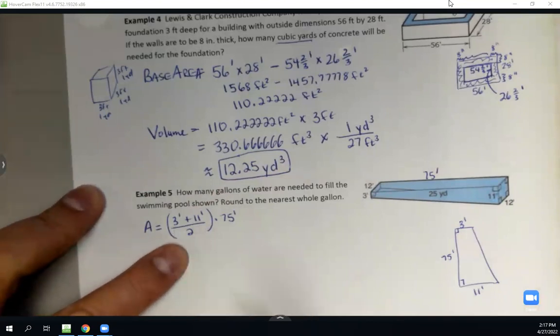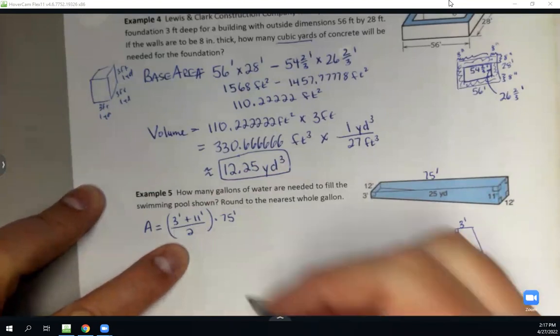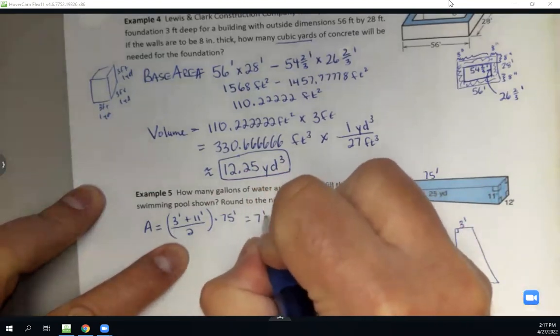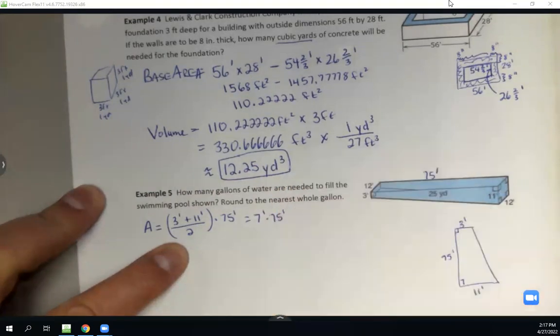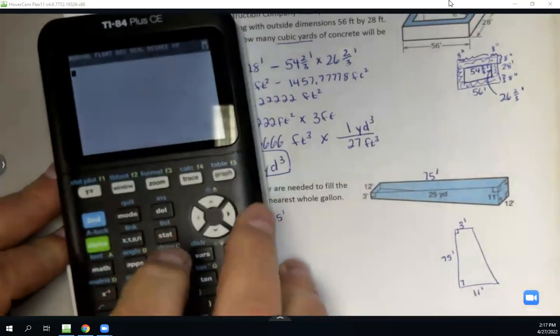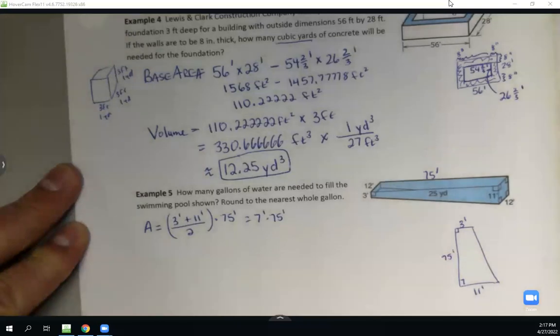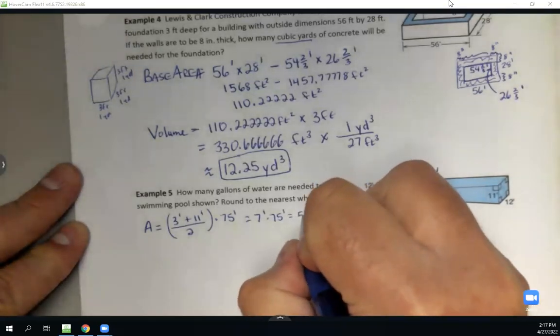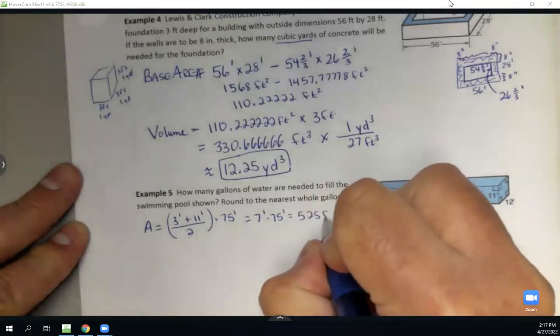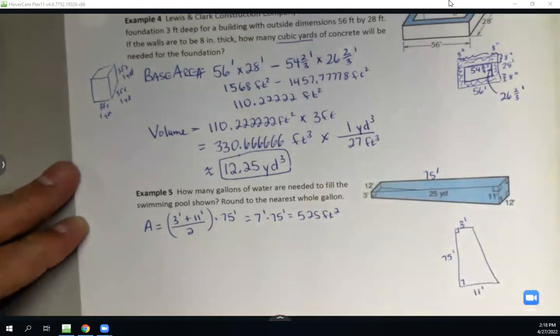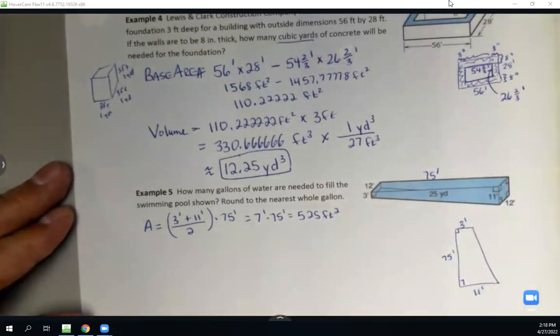You follow me? So inside the parentheses, I really have 7. So this is going to be 7 feet times 75 feet. And 7 times 75 is 525. So we have 525 square feet. That's the area of the trapezoid.